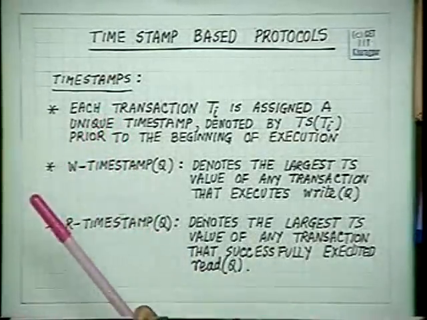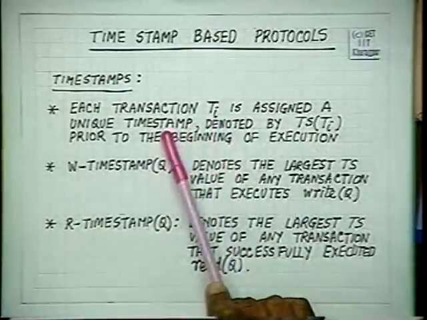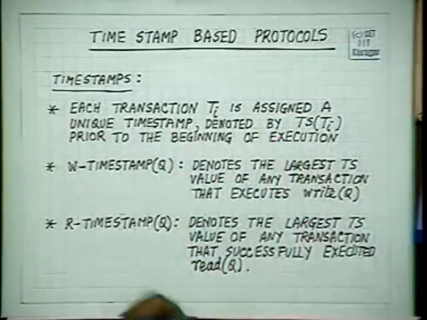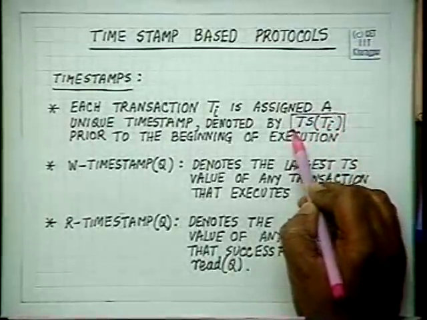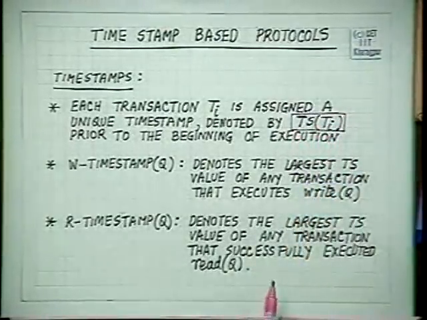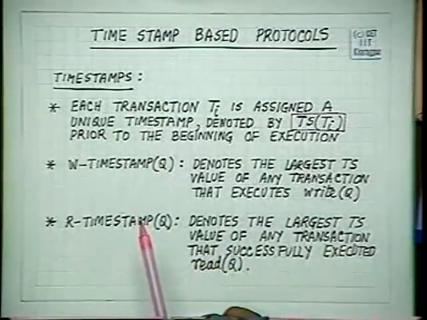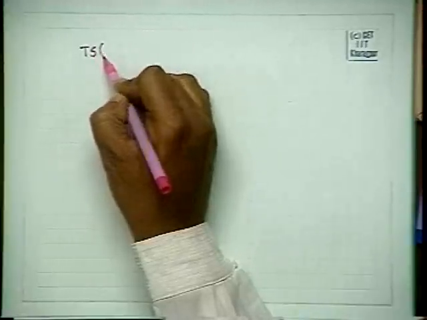That is, it provides a set of timestamps, of which for every transaction Ti, a unique timestamp, any integer value, denoted by Ts(Ti). Ts(Ti) is the timestamp of Ti provided to every transaction Ti. Now, what is Ts(Ti)? So, the first type of timestamp which we learn is Ts(Ti).